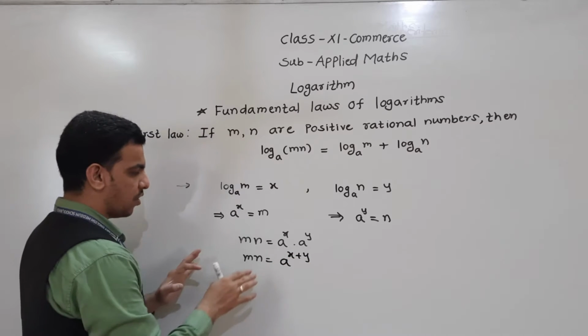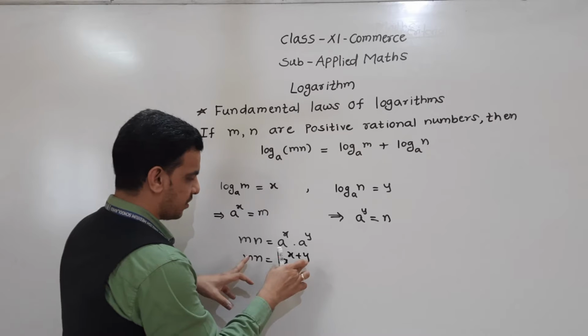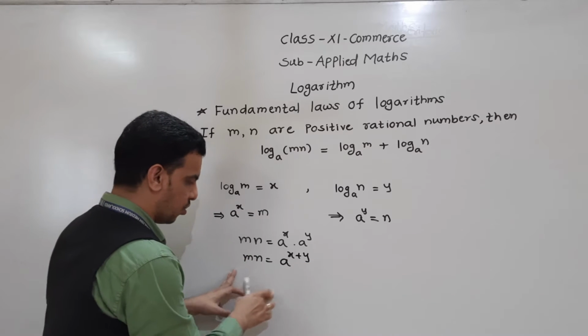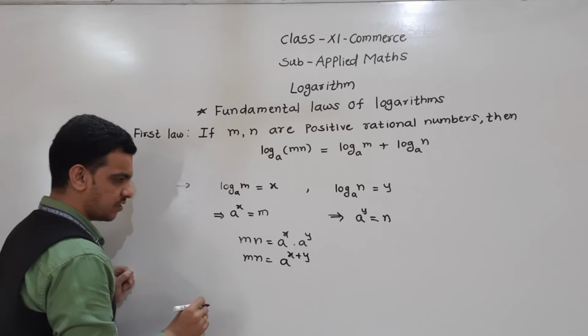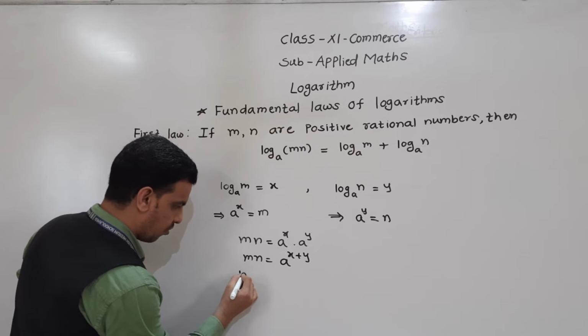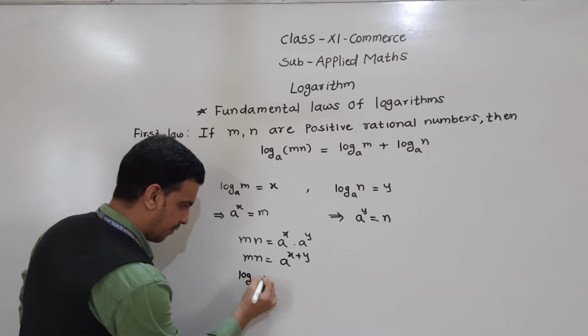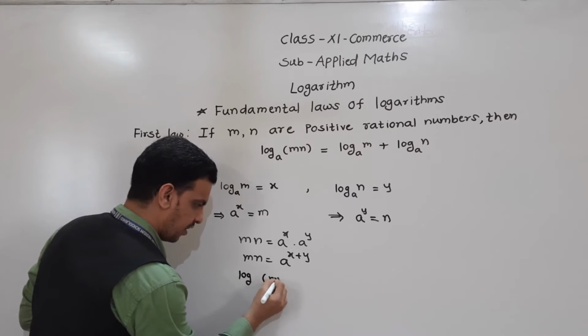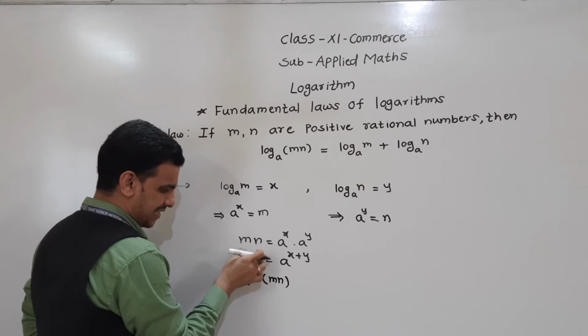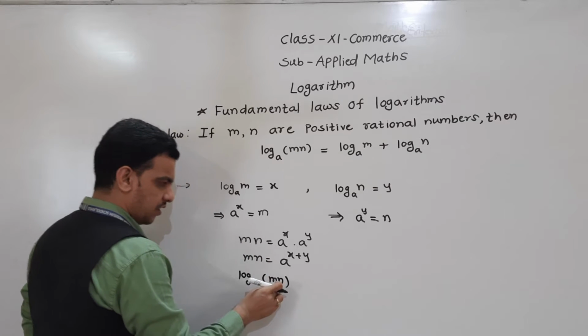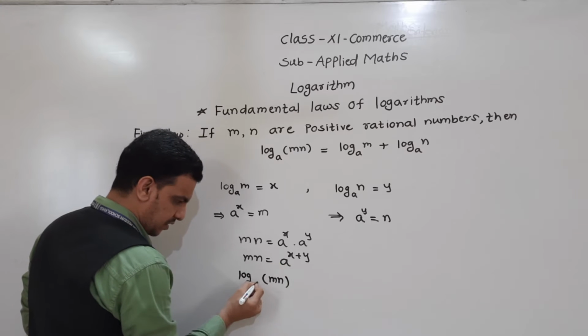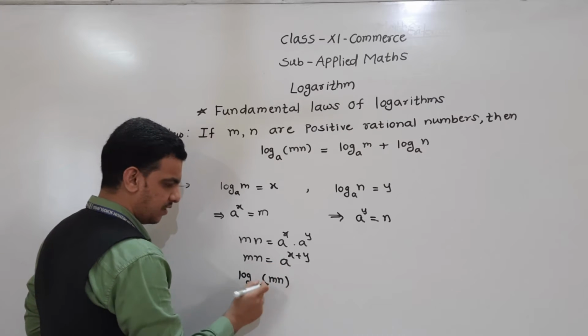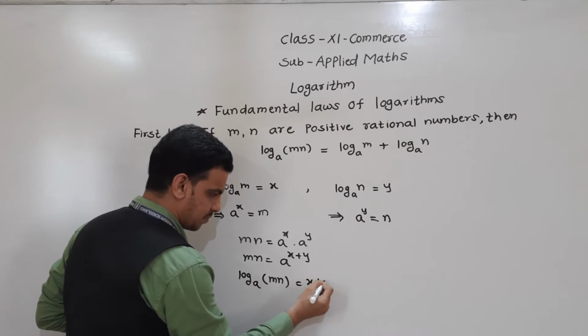Now again, if we convert this into logarithm form, how do we convert it? We take the single number mn as the argument, to the base a, is equal to x plus y.